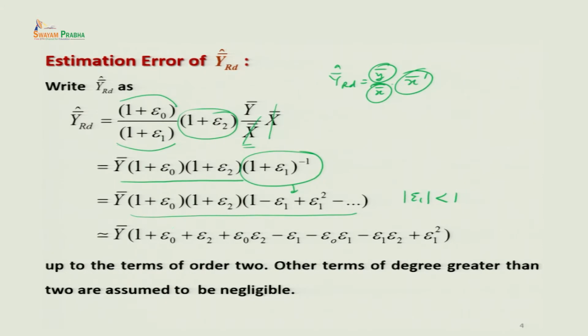You can see here the power is 1, here the power is 1, and here the power is 2, so this is going to be an approximate value of this expansion. And now this is capital Y bar, so this can come on the left hand side, and we can obtain the estimation error using this expression. So, we have ignored all the terms which are of order more than 2.